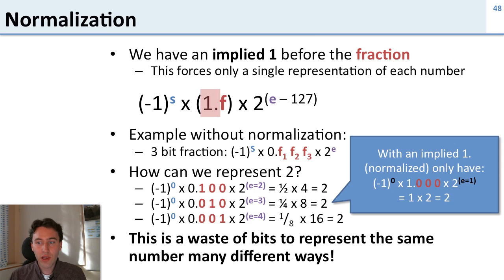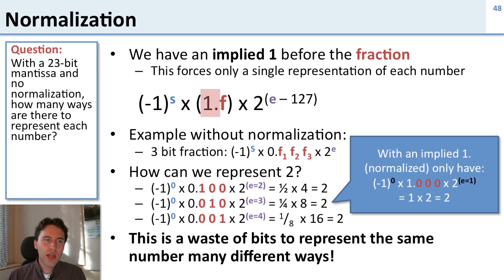If we have an implied 1 there, then we only have one way to represent 2, and that's 1.000 times 2 to the first, or 1 times 2. So here's a question. If we have a 23-bit mantissa and no normalization, how many ways are there to represent each number? Or at least each number that's a power of 2, if you want to be specific.